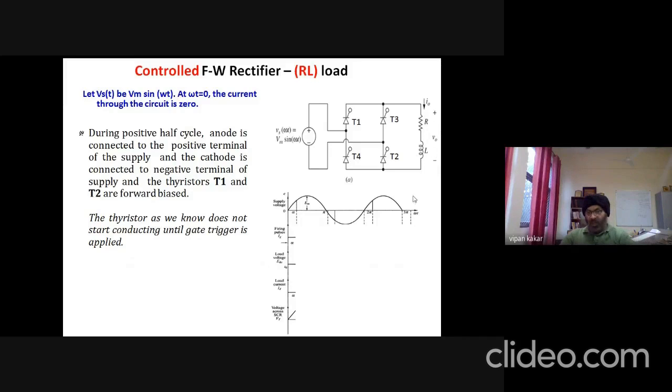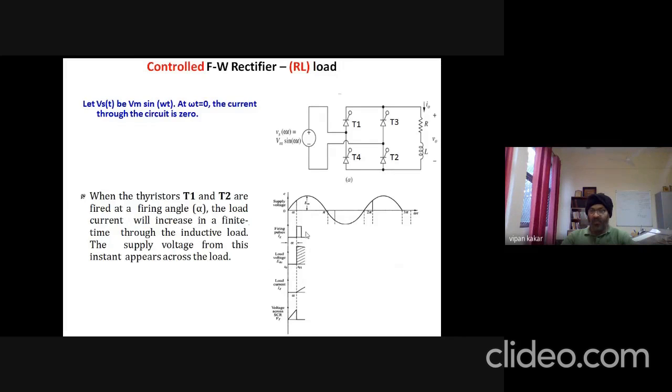So when we go for mode 1 for the positive half cycle, these T1 and T2 are forward biased, but they are not turned on at the moment. They get turned on when we have a gate trigger applied. So now the gate trigger is applied at some firing angle alpha.